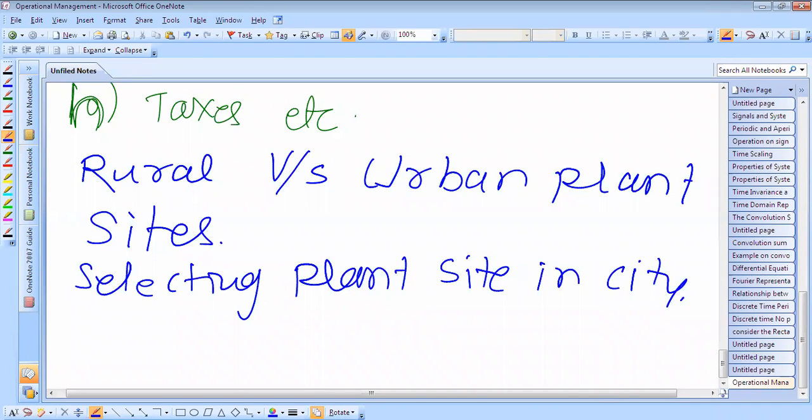Suppose you have selected your plant in the city, there are some advantages as well as disadvantages. So what are the advantages of this?